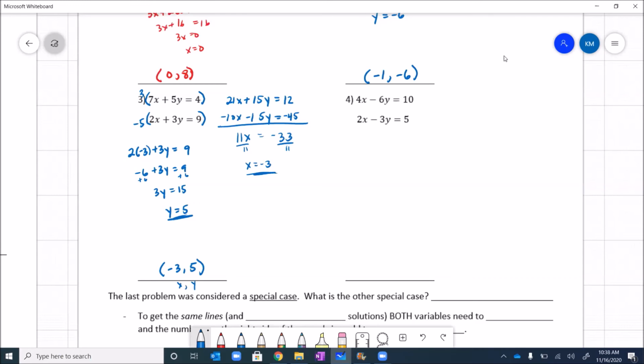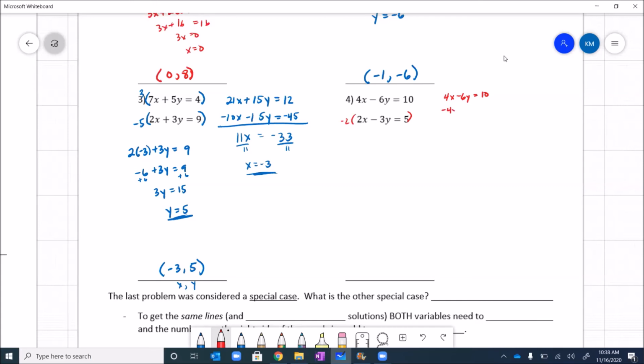All right, and then finally, in this next problem, I have 4x minus 6y equals 10 and 2x minus 3y equals 5. And I am going to look at this and say, okay, well, let's get the x's to eliminate. I can make this the same by multiplying by negative 2. So I have 4x minus 6y equals 10.